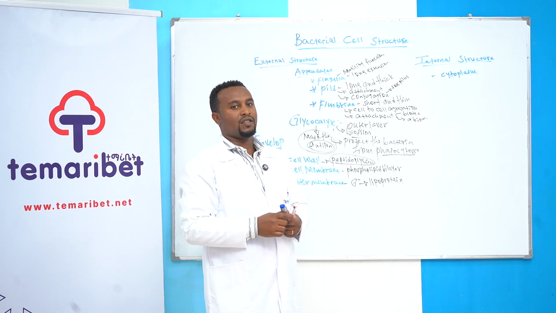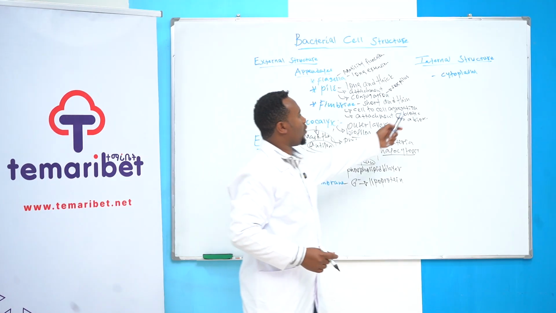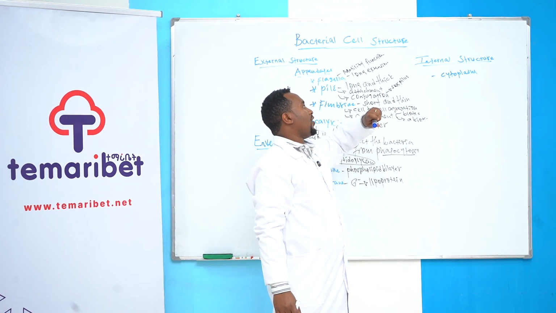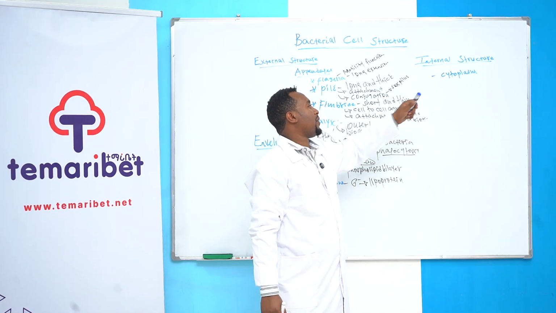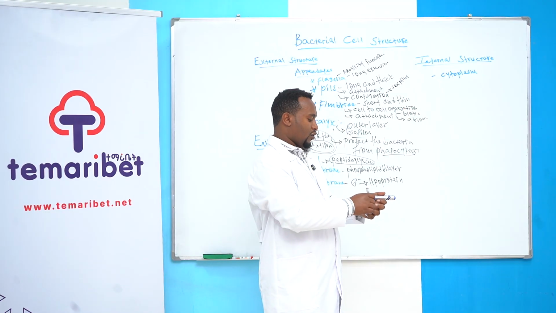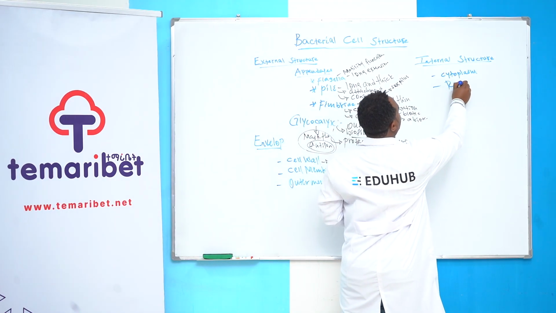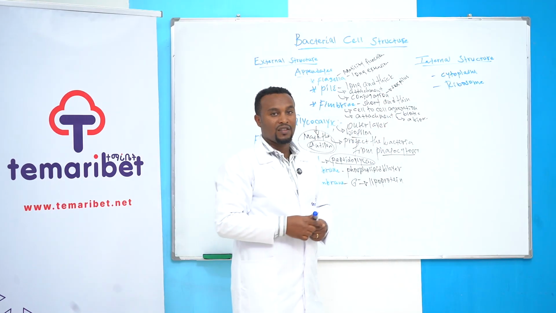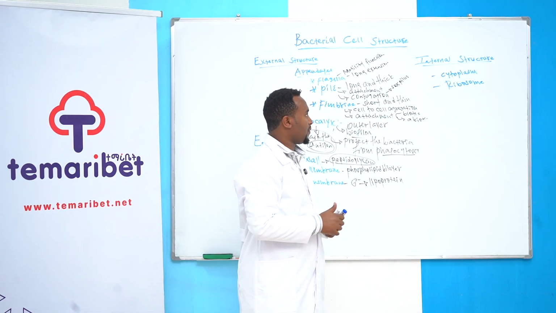The cytoplasm consists of important organelles. There are enzymes and important macromolecules inside the cytoplasm. And the other is the ribosome. The function of the ribosome is protein synthesis. So the bacteria can synthesize protein by using the ribosome.